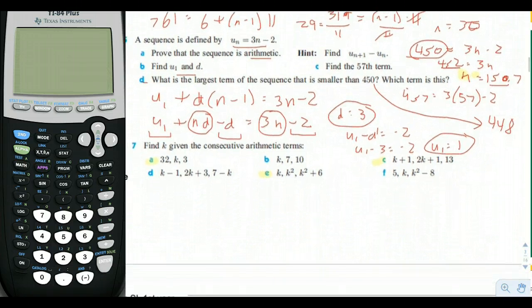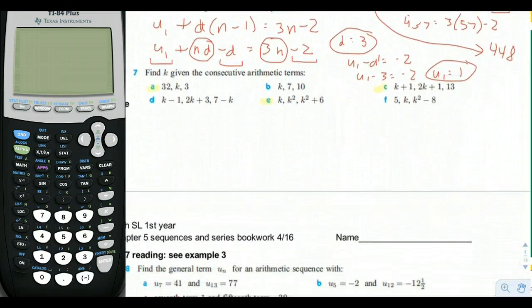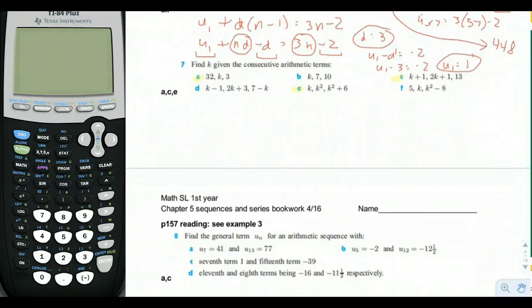Okay, now number 7. Find k given the consecutive arithmetic terms. So we have 32, k, and 3. We assume that this is an arithmetic sequence. Remember, the difference between neighboring terms is always the same number.